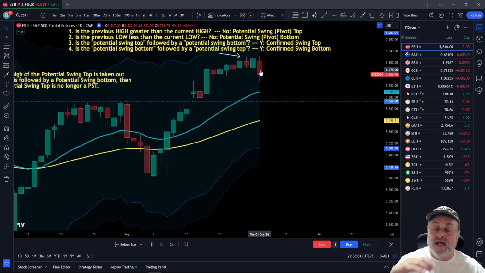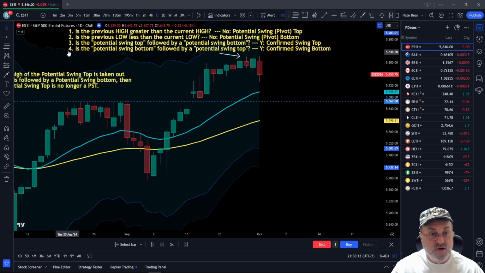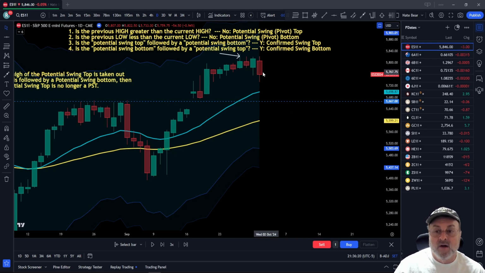However, it can only confirm as one or the other depending on what happens later from the following price bars. One of these two answers, 3 or 4, will tell us what that outside bar will become.